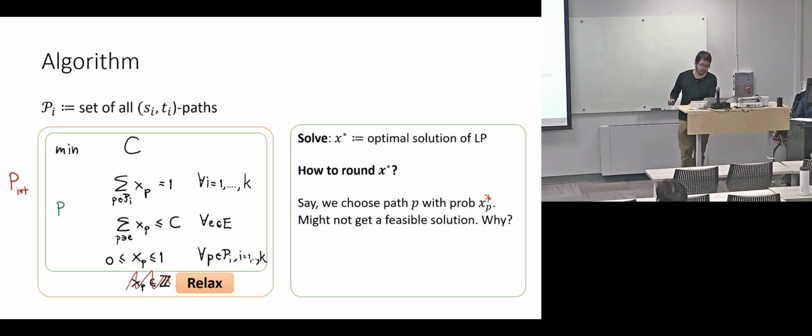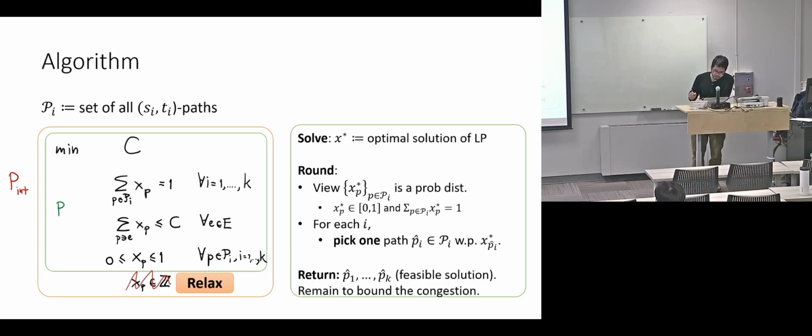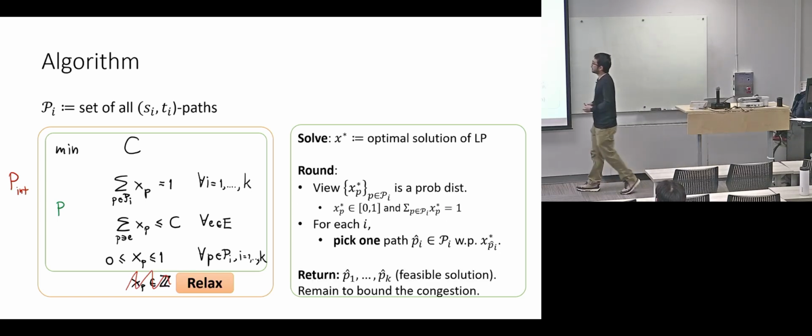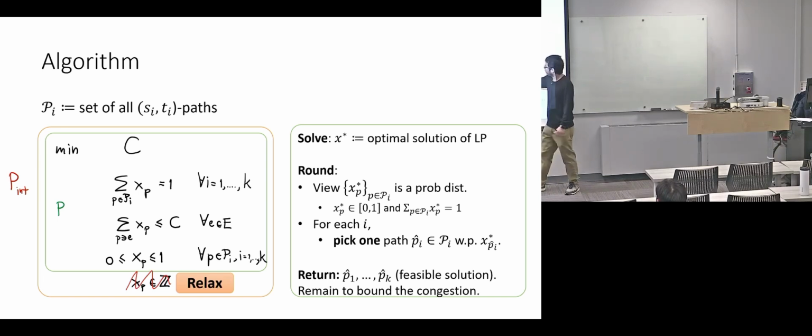So here is the idea. Basically, you can think like this: the x_P over all paths P for the demand i, you can view this as a probability distribution. Why?